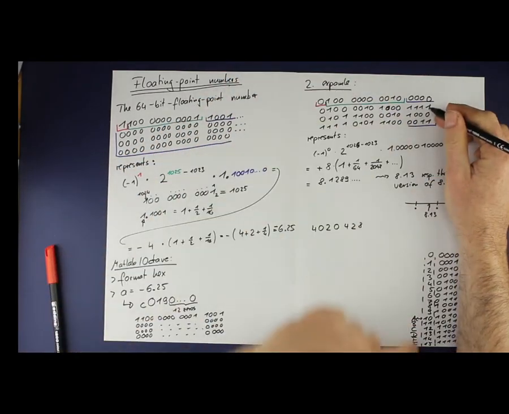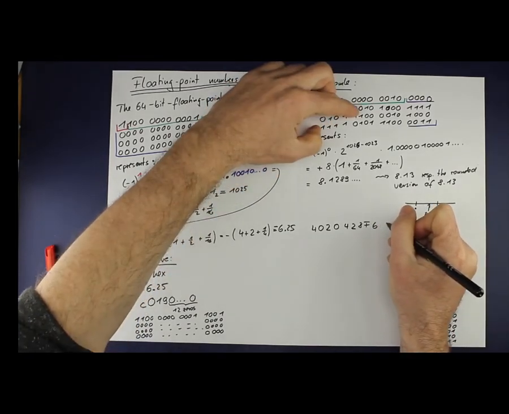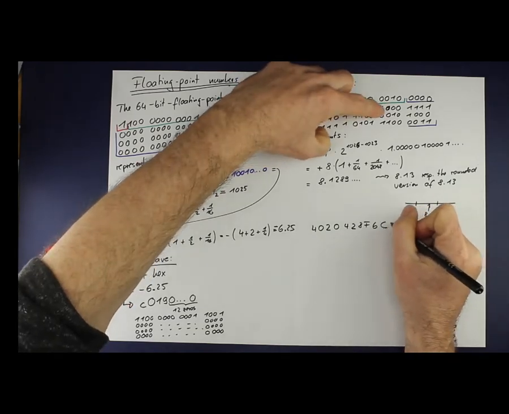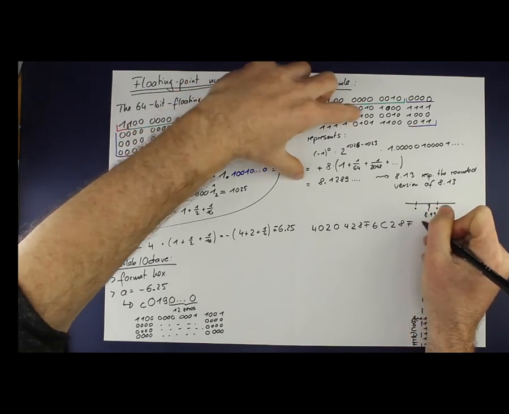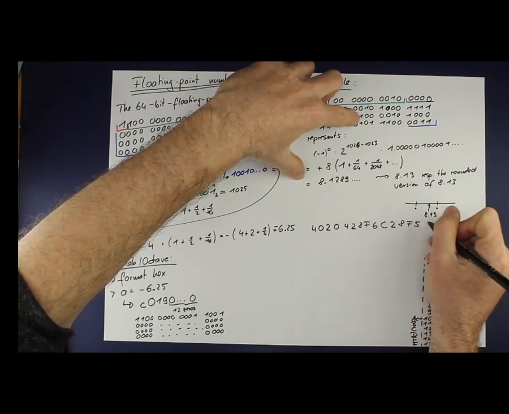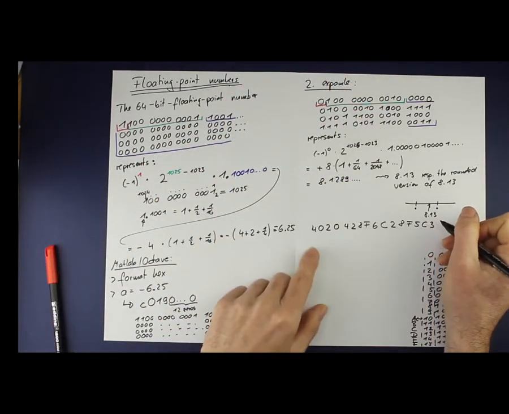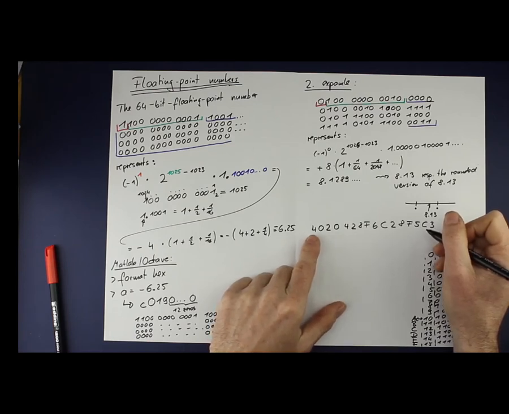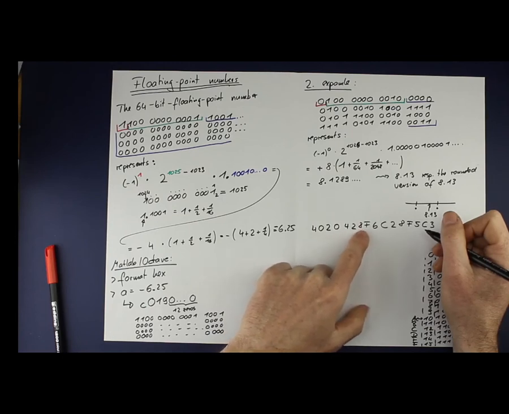It's an F. It's a 6. It's a 12. 12 is C. It's a 2. It's an 8. It's an F again. It's a 5. It's a 12. What is C? And it's a 3. And that is the number we have seen on the screen, 4020428F. 6.